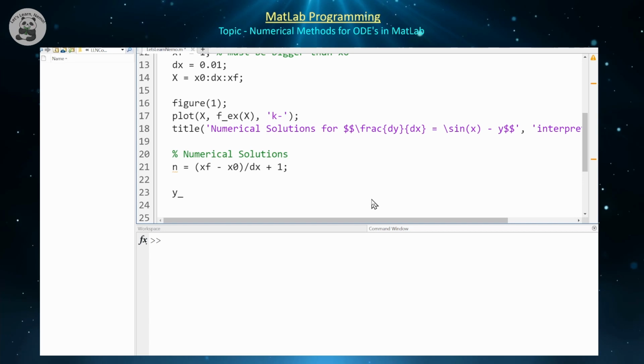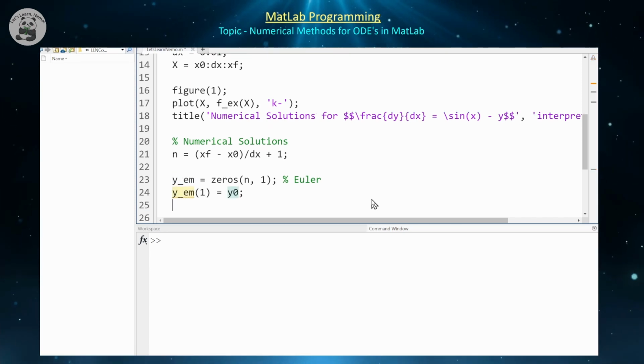The Euler method solutions I'm going to store in a vector called YEM, and let's initialize it with n rows, one column. This is going to store our Euler values, and we already know the first value of this vector is y0, so let's initialize that there.